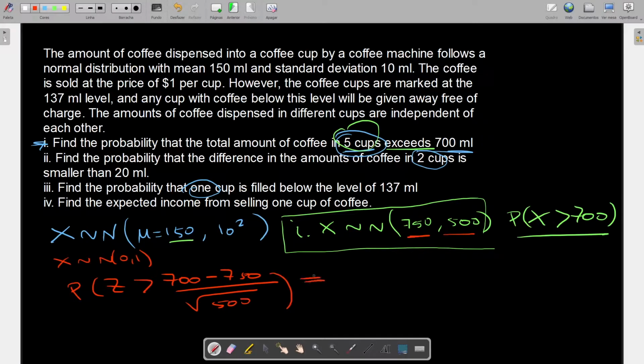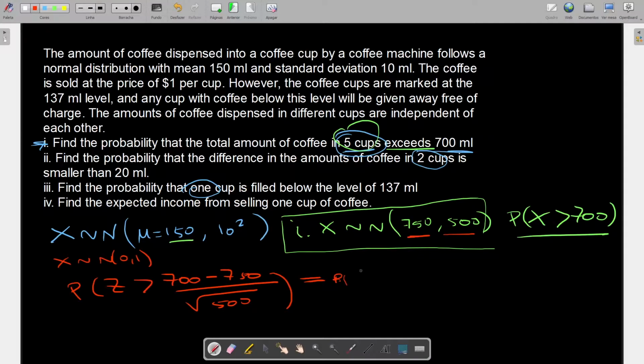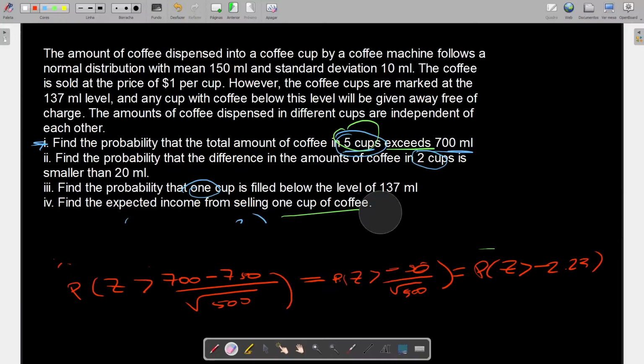This is all we are doing here. And this is equal to the probability that Z is greater than minus 50 divided by the square root of 500, which is a negative number. This is the probability that Z is greater than minus 2.23.